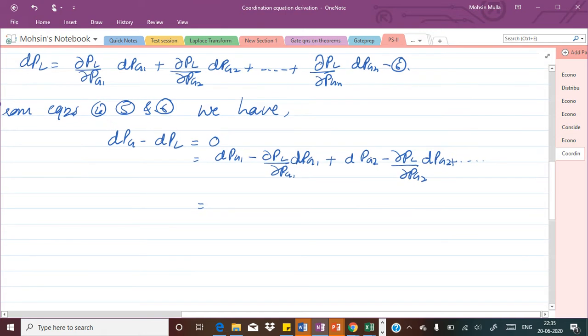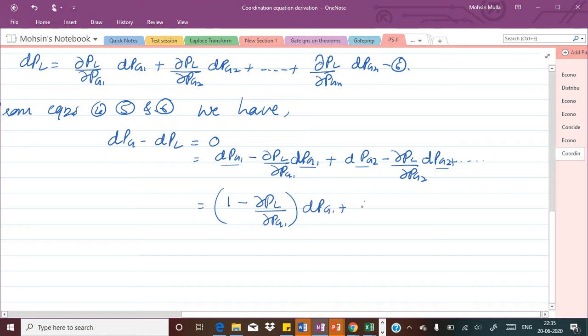So here dPg1 is constant, dPg2 in the second term, likewise in all the terms that generating output term will be constant. So therefore what we can write by taking that generating term as a common term, so here dPg1 is taken common, so it will become 1 minus ∂PL divided by ∂Pg1 into dPg1.